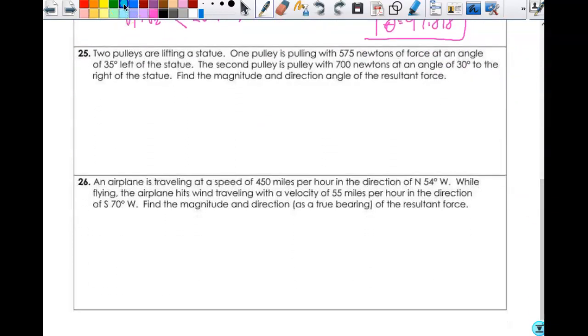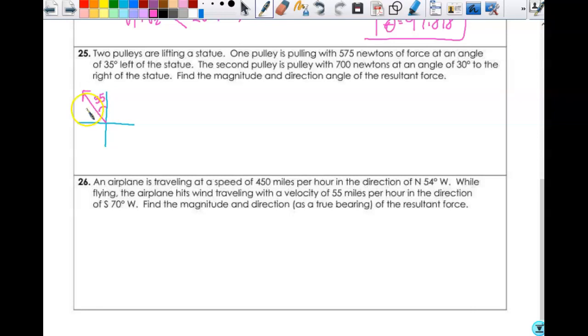All right, 25. We have two pulleys lifting a statue. One pulley is pulling with 575 newtons of force at an angle of 35 degrees left of the statue. Okay, so we're going to make this the statue. So this is 35.